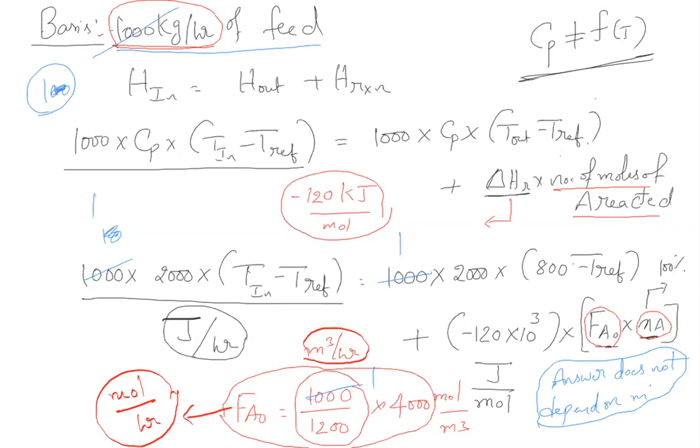A feed containing 4 kilomoles per meter cube of each A and B enters the reactor at 8 meter cube per hour.